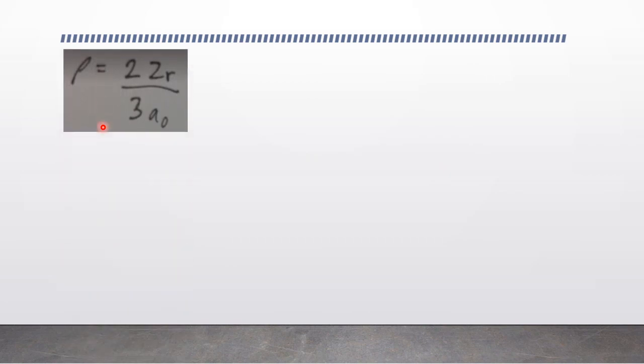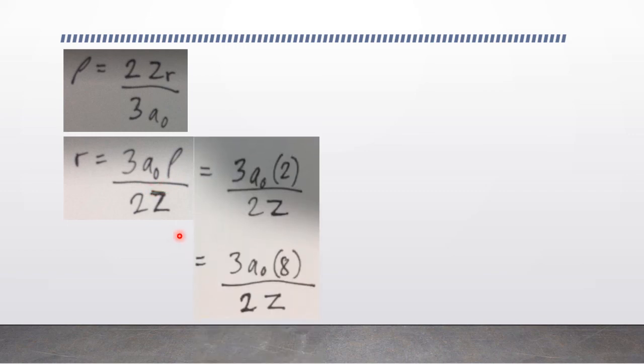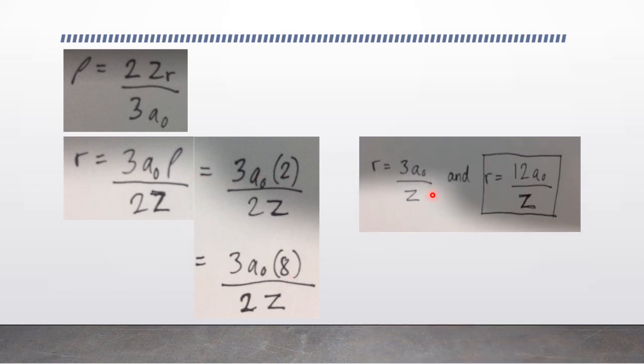Earlier in the video, we said that rho is equal to 2Zr over 3 times alpha sub 0. Because we are solving for the radius, we isolate r to one side and end up with 3 times alpha sub 0 times rho all over 2Z. Since we calculated rho earlier, which is 2 and 8, we just substitute rho with 2 and with 8, and we come up with two answers.